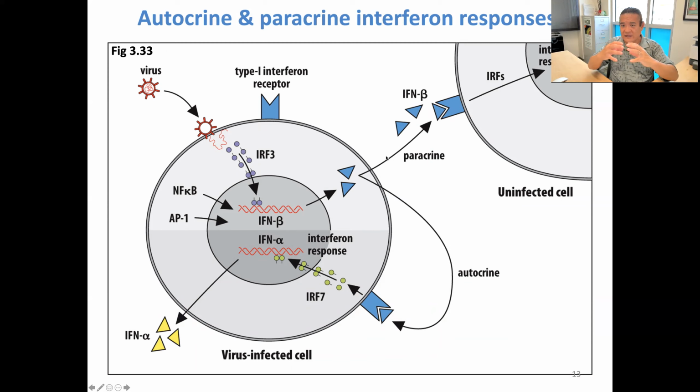So imagine now you have this cloud of blue triangles coming out from all sides of this cell. Much of this is meant to diffuse and float and talk to neighboring uninfected cells that have receptors for the interferon beta on their surface. And when these receptors are activated, they stimulate the uninfected cell to start taking some preemptive defensive measures.